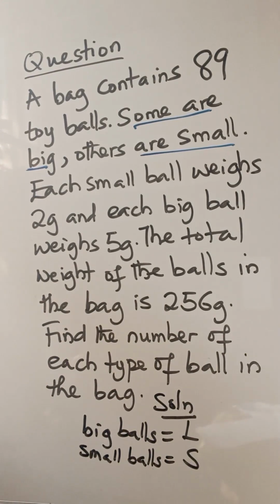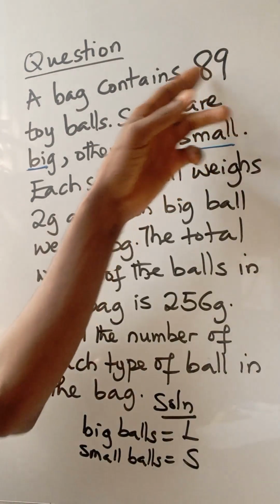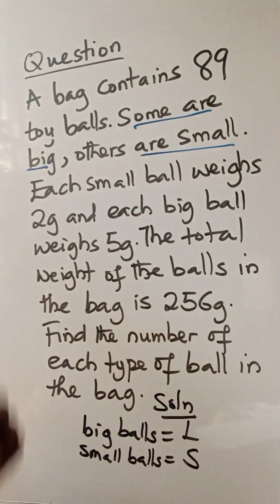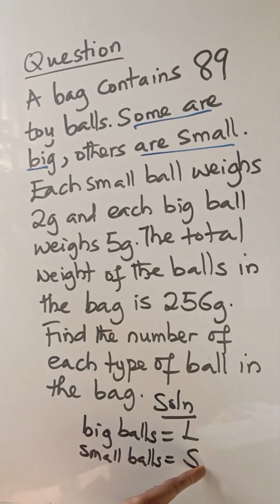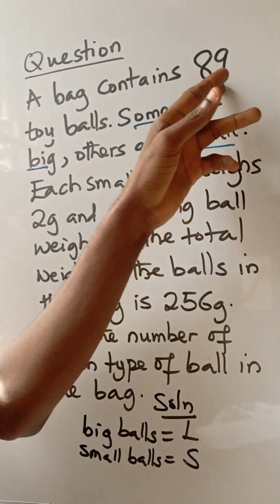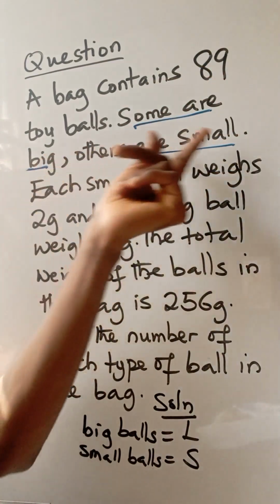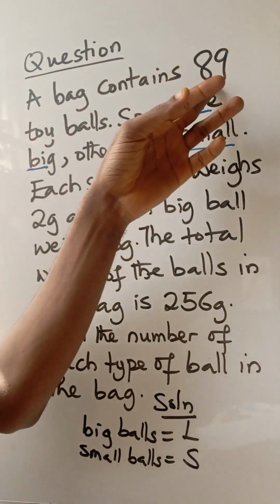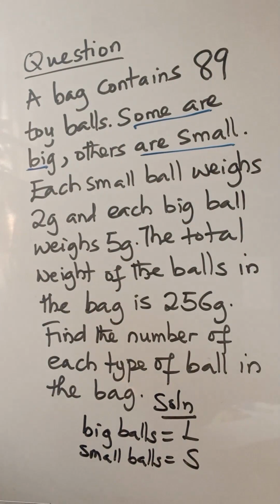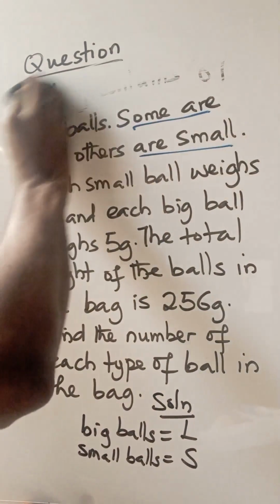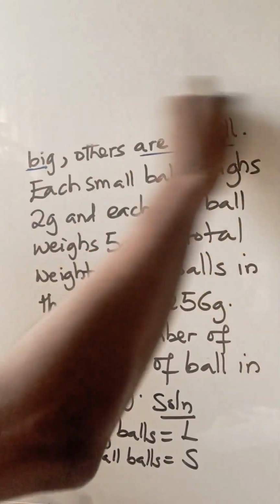But the question says a bag contains 89 toy balls. So what does that mean? It means L plus S gives us 89, because some are big, some are small. If it contains 89 balls, it means L plus S will give us 89. So let's write that down quickly.